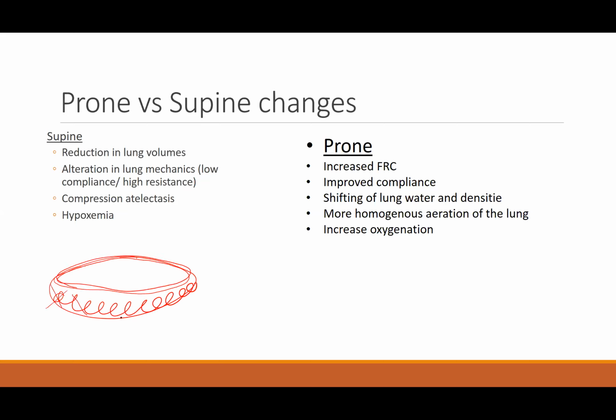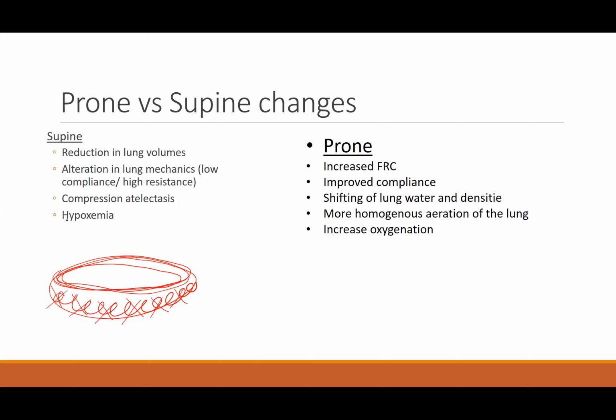All of this is kind of off limits because it is so dense, full of edematous materials and opacities. So what does that lead to? If I only have half, the top non-dependent portion of the lungs, to really ventilate, I get that drop in volumes. I get an alteration in the lung mechanics themselves.